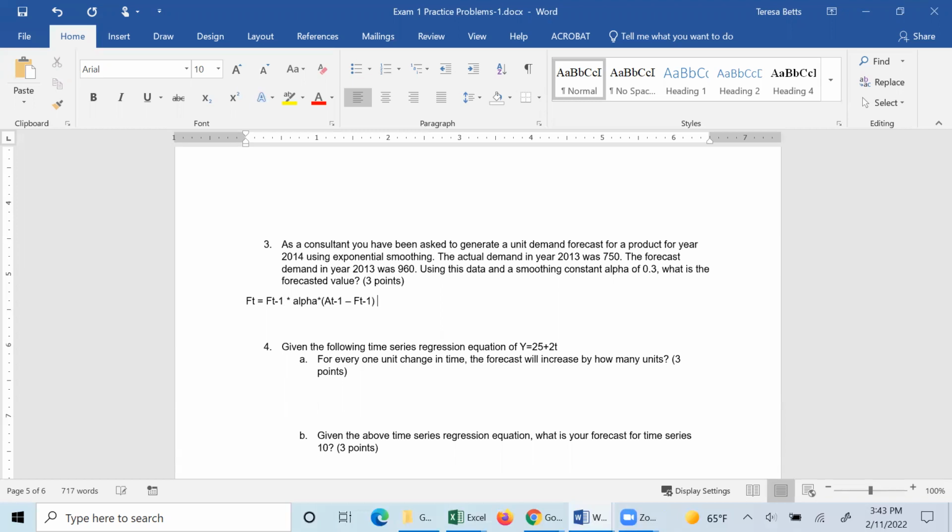And so when we finish that out, if we look here, the actual demand in year 2013 was 750. The forecast was 960. So this is going to be 960. Sorry, this should be a plus sign here. 960 plus my alpha of 0.3, right, times my actual of 750 minus my forecast, right?